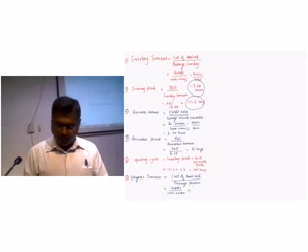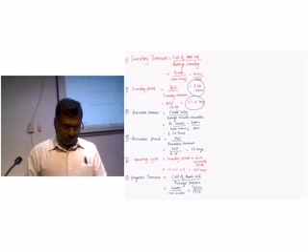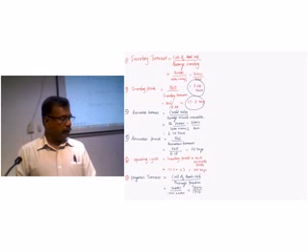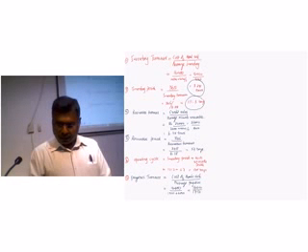Accounts payable 1,500 plus 2,000 divided by 2.